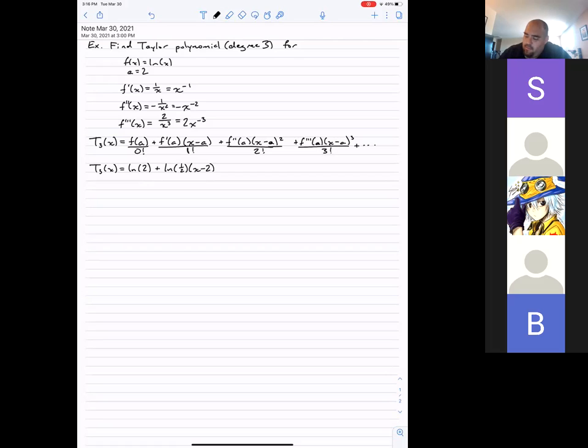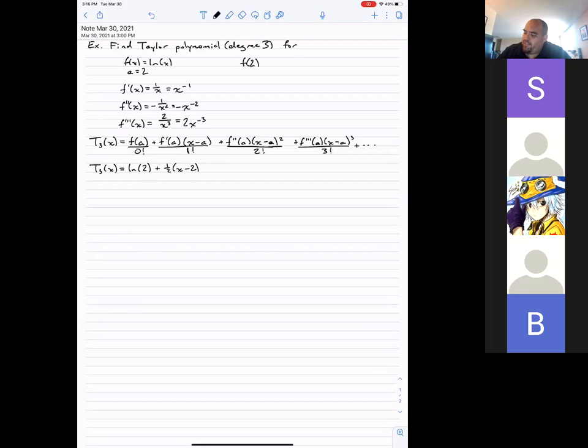Wouldn't it just be 1 over 2 times x minus 2? Yep, and that's one thing I wanted to point out, just to be careful about 1/2 times x minus 2. So over here, we have the function and the derivatives. Here's one thing I might recommend doing.